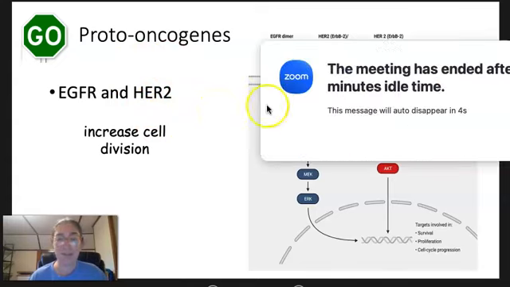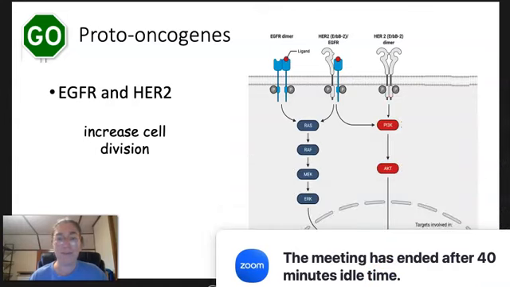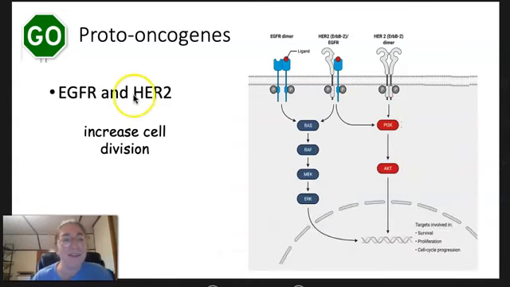So a lot of times breast cancers will be looked at to see what type of mutations the cancer cells have. So you may hear a type of cancer described as HER2 positive or not, and that can help dictate how a cancer is treated.